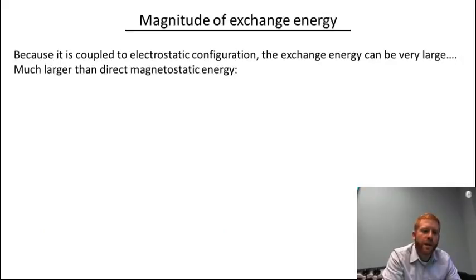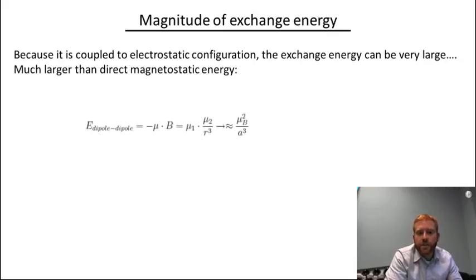Now you might ask, why did we neglect direct spin-spin interaction terms in our Hamiltonian? The underlying electrostatic root of exchange energy between spins is far greater than any direct spin-spin interaction. This magnetostatic energy is due to one magnetic moment's Zeeman energy in the field of another, which we know from classical E&M, falls off as 1 over distance cubed.